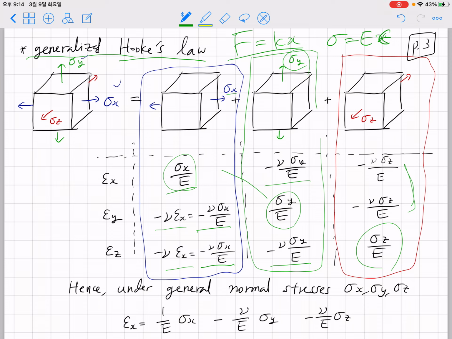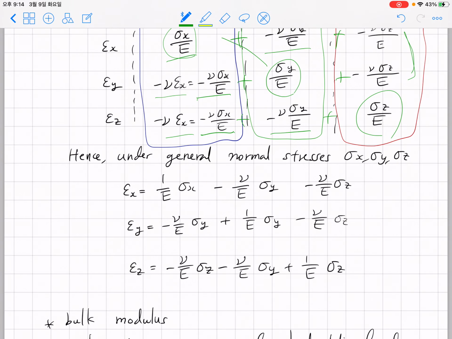Okay, now if you sum up the strain for x direction, y direction, and z direction, you're going to obtain this final formula based on the superposition principle. So this is how the superposition principle is useful, and you're going to rely on it a lot.